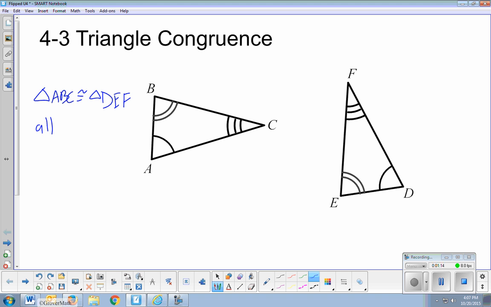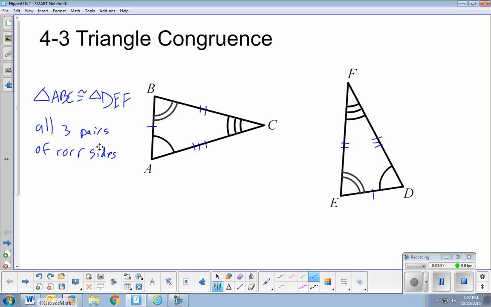I'm going to change that. All three pairs of corresponding sides, so that would be AB is congruent to ED, and BC is congruent to FE, and AC is congruent to FD.